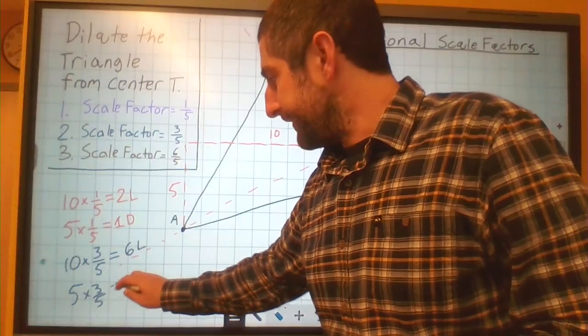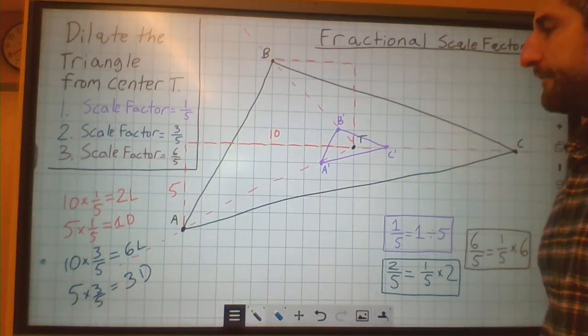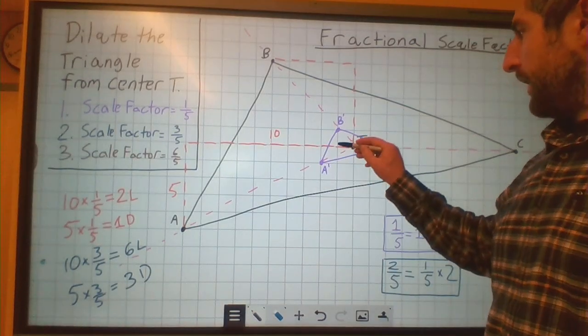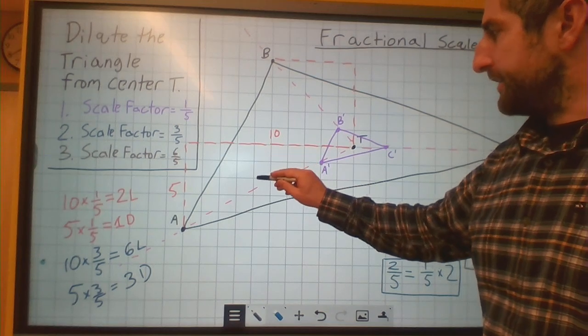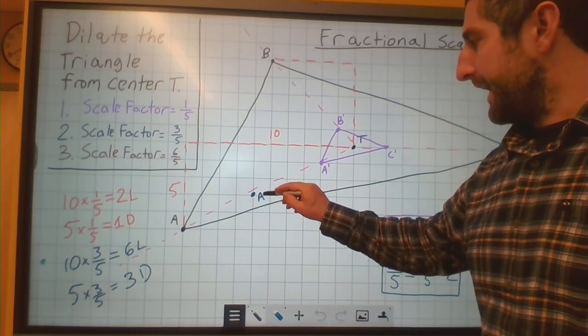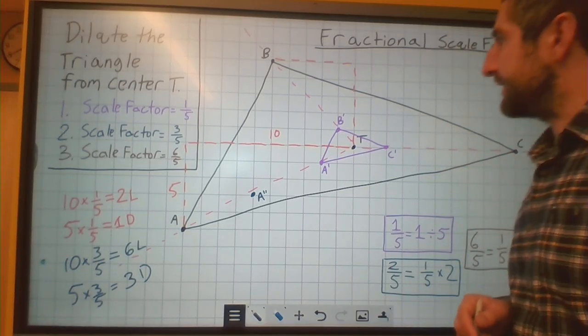Divided by 5 is 3. So 5 turns into 3. So if we go 1, 2, 3, 4, 5, 6 to the left, and 1, 2, 3 down, we end up with a double prime for the scale factor of 3/5.